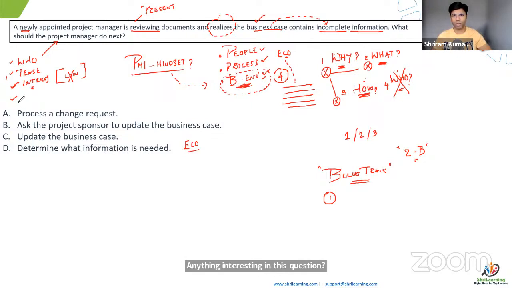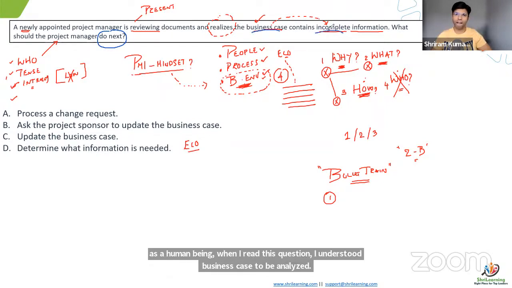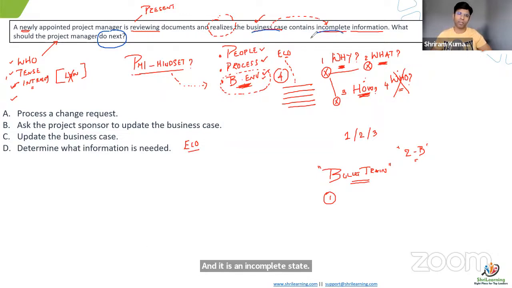What is the next step that the manager has to do? There you go. The question is what is next? As a human being, when I read this question, I understood the business case is to be analyzed and it is in an incomplete state. Many of us try solving the whole project problem through one question.